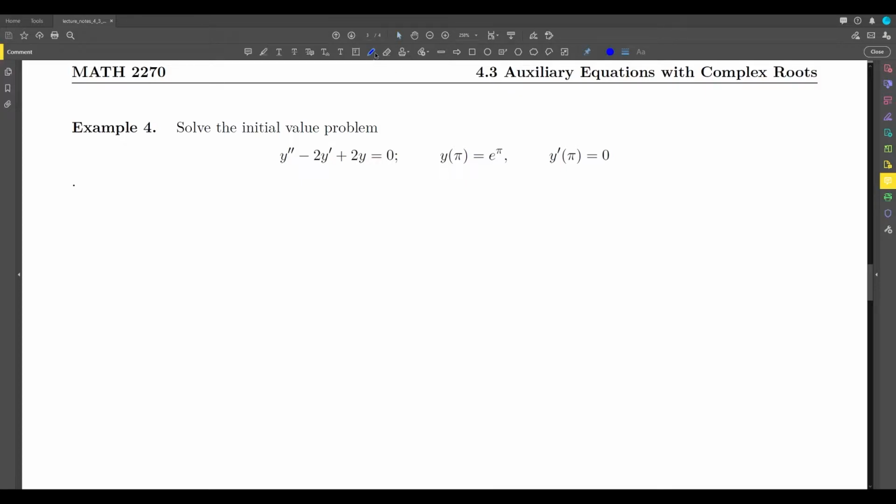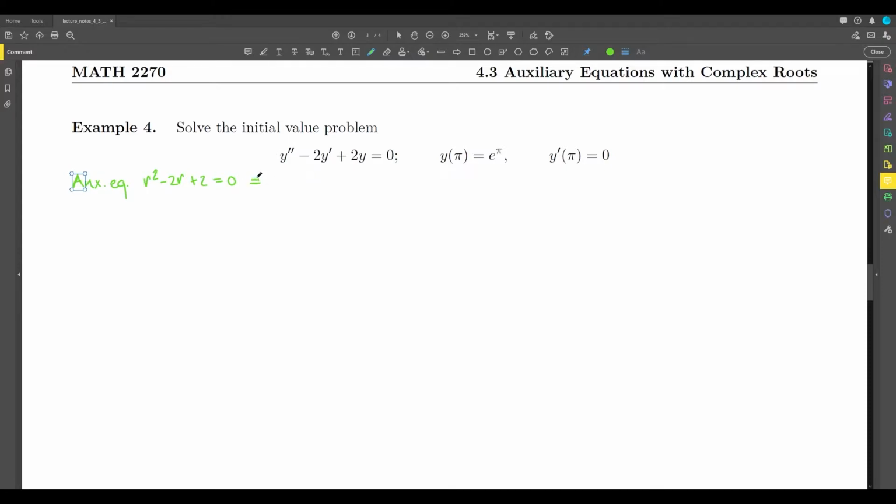So the auxiliary equation here is given by r squared minus 2r plus 2 equals 0.